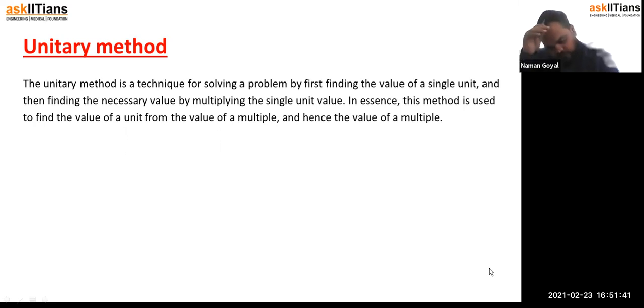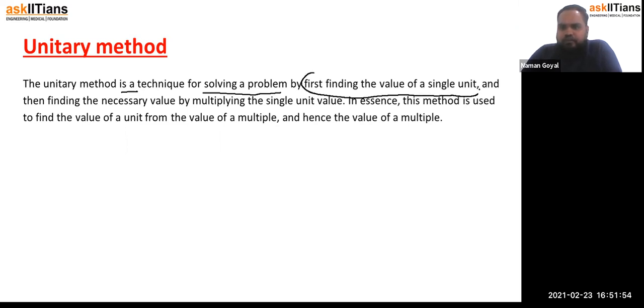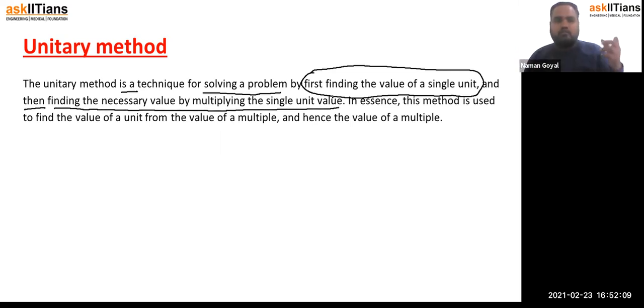As I told you in the previous class, the unitary method is a technique for solving a problem by first finding the value of a single unit, and then finding the necessary value by multiplying the single unit value. If the question asks for the cost of 5 units, we multiply 5 with the cost of one unit.